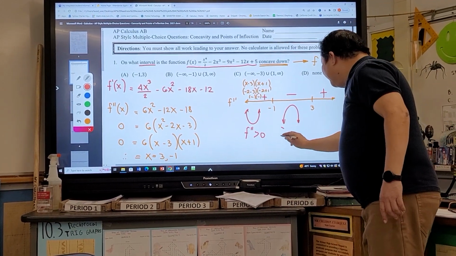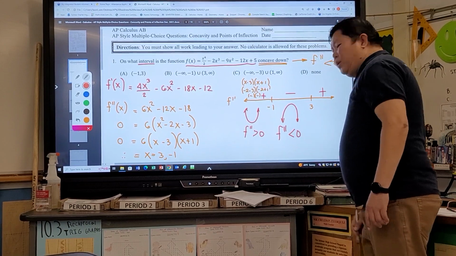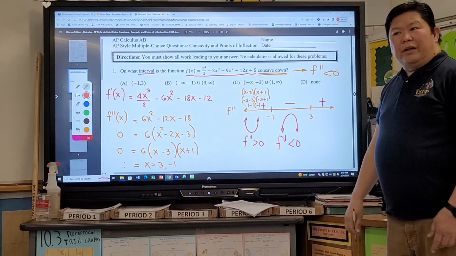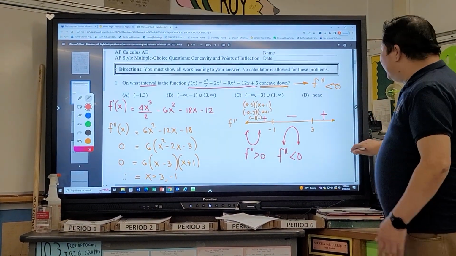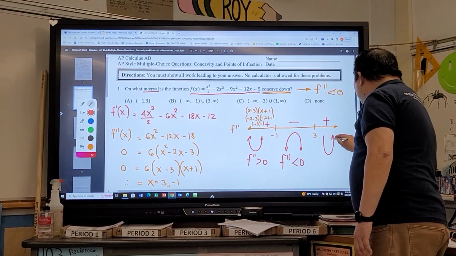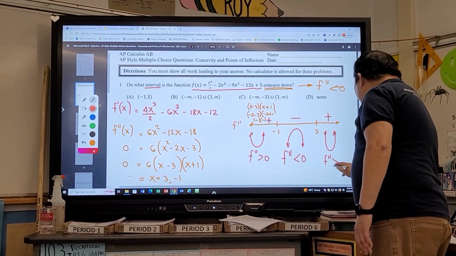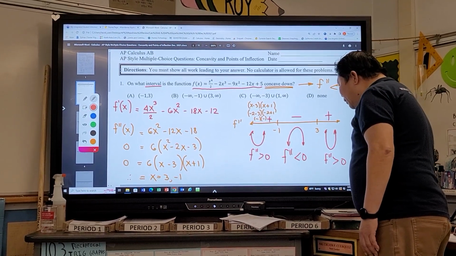That implies that f double prime is less than 0. Now, greater than 3, the concavity is positive, so that means f double prime is greater than 0.